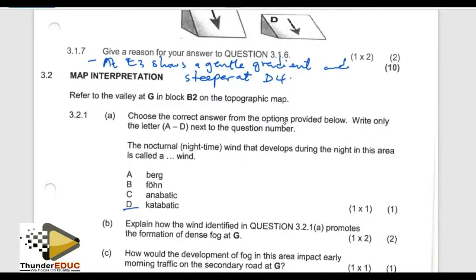Explain how wind promotes the formation of dense fog at G. So let's go back to our blank page.